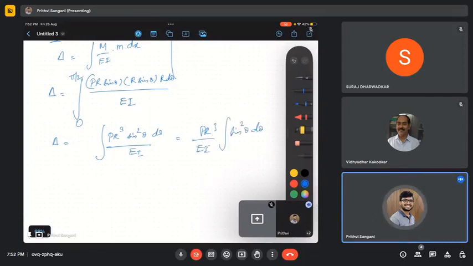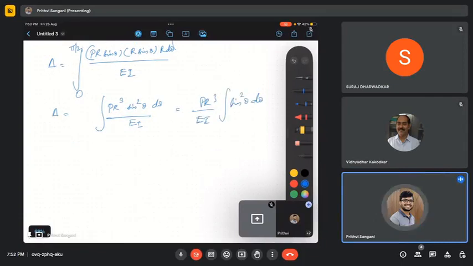Now how do we find the integral of sine square theta d theta? Let me just write it. Cos 2 theta is cos square theta minus sin square theta. I can write cos square theta as 1 minus sin square theta, so that will be 1 minus 2 sin square theta.